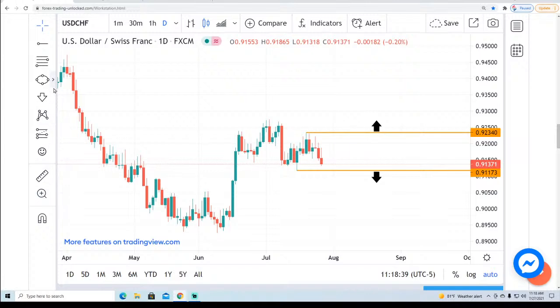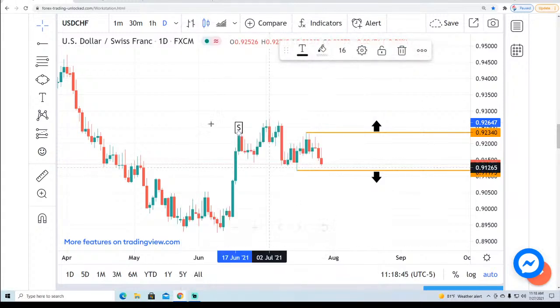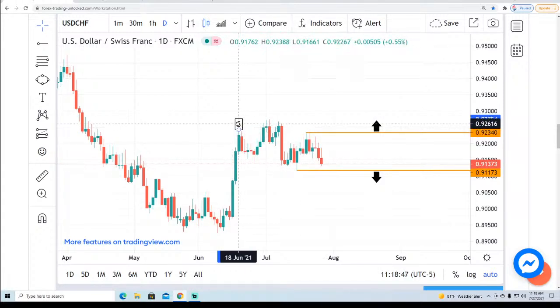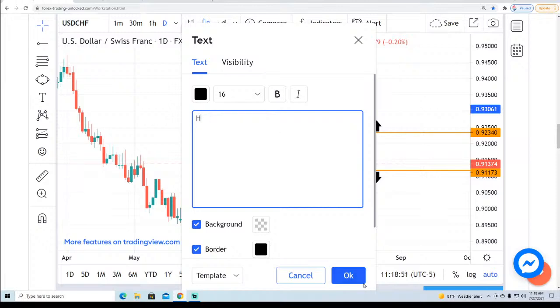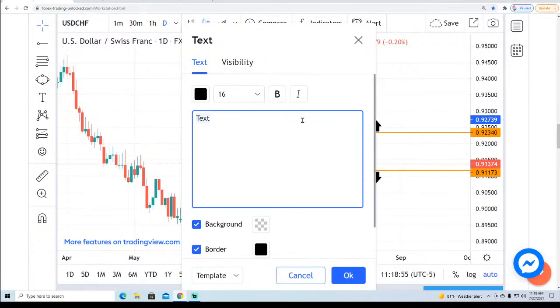So if you look at this for clarity, here's your shoulder, here's your head, and here's your shoulder.